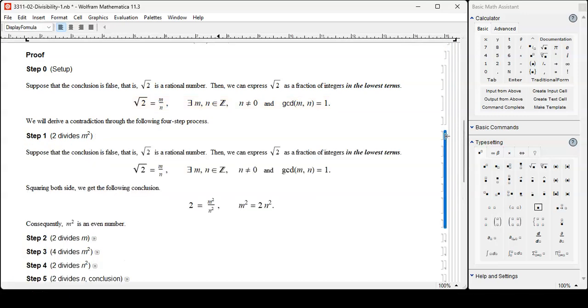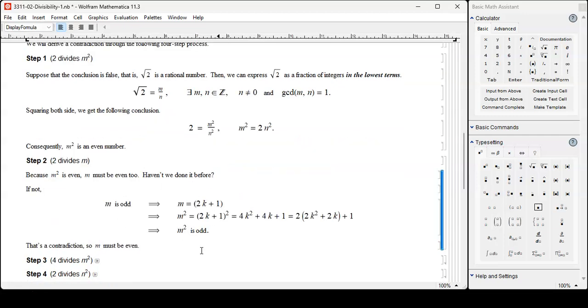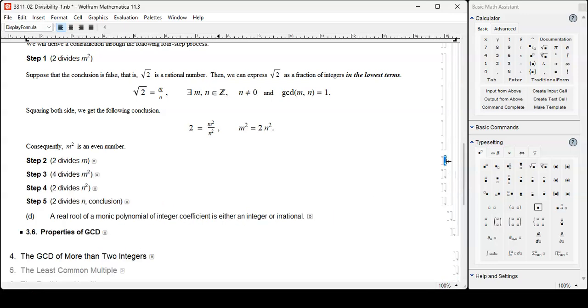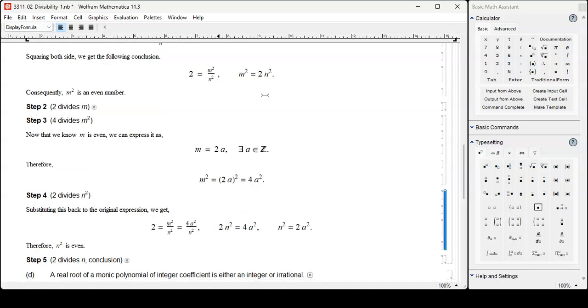Square both sides. 2 is m squared over n squared, so m squared is 2n squared, so m squared is even. Consequently, m is even, and here's the proof of the contrapositive. So m is even, so plug in m equals 2a there, then we have 4a squared like this, and plug in with this n, then we get n squared is even.